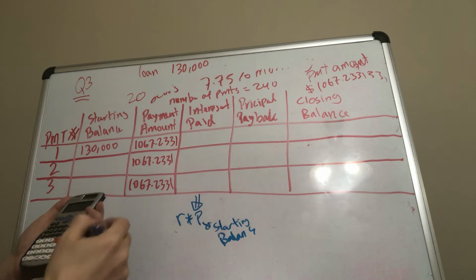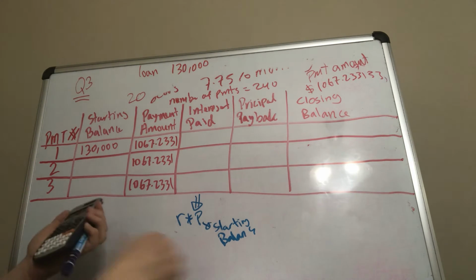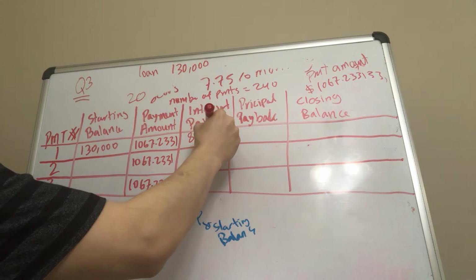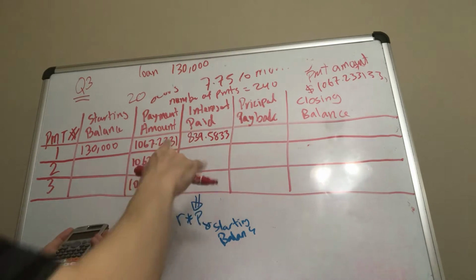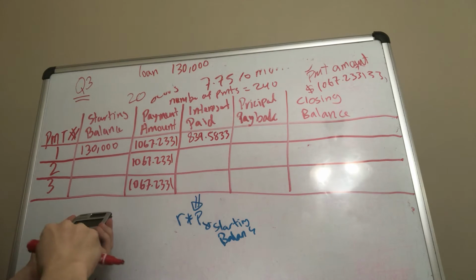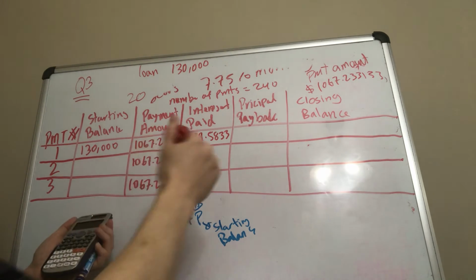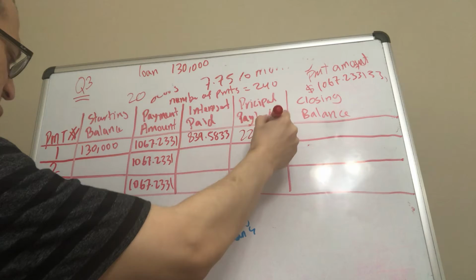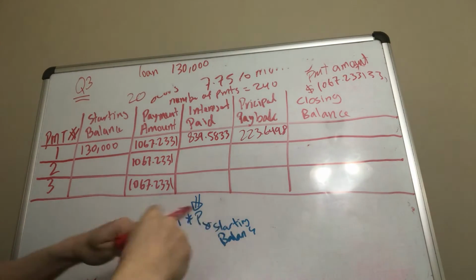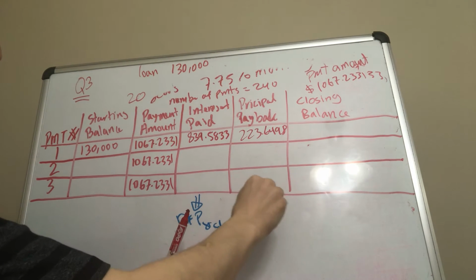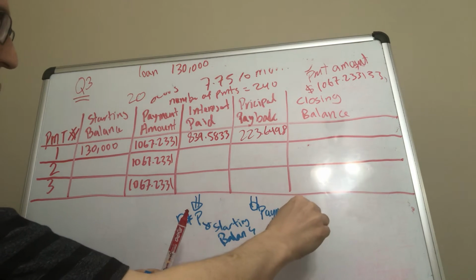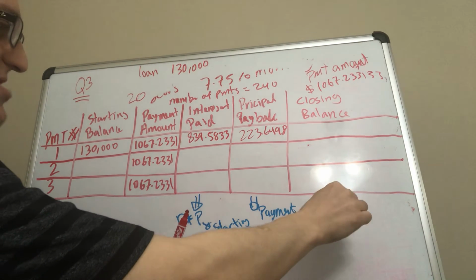So we figured that this amount of money is 839.5833. The difference between them is the payback, which is 227.6498. That's your payback, which is always payment amount minus interest paid.